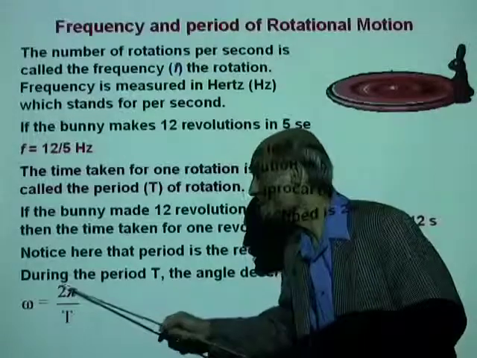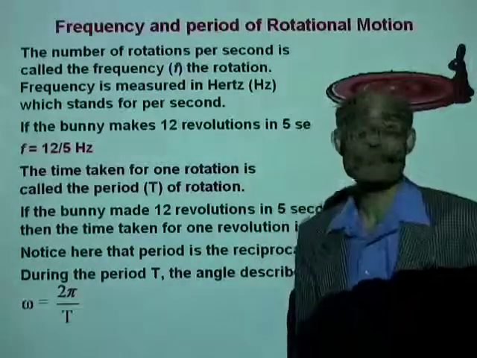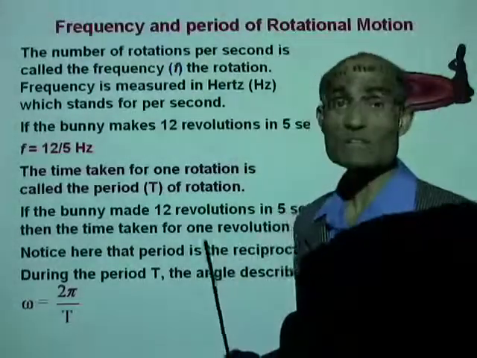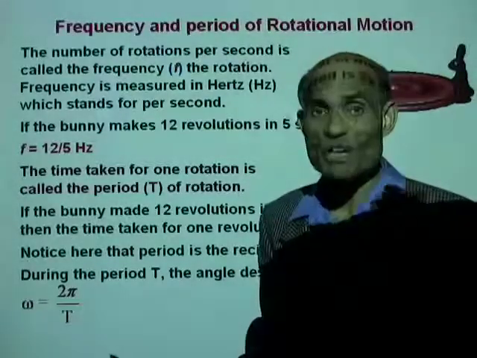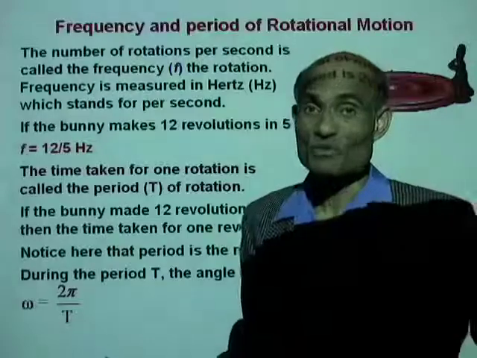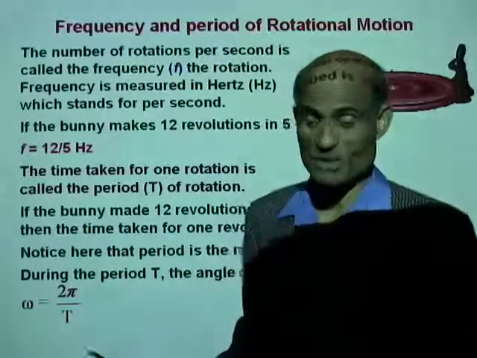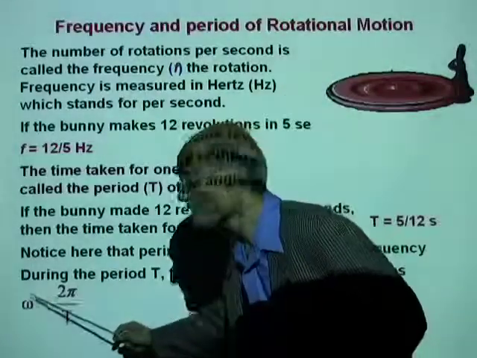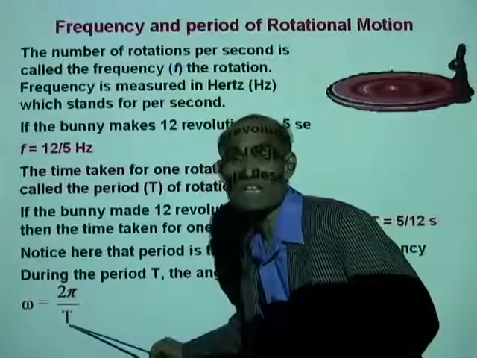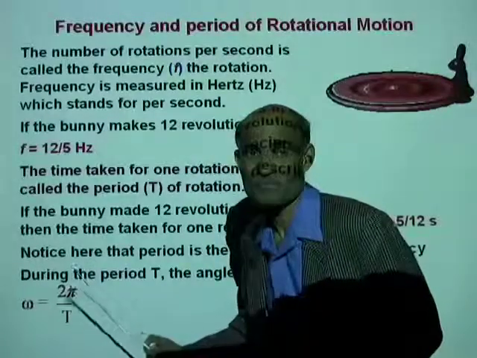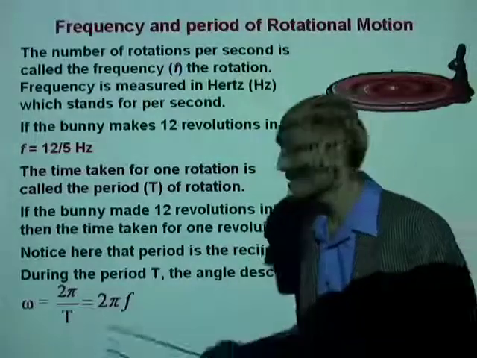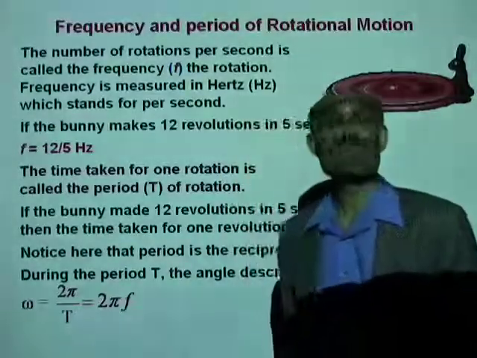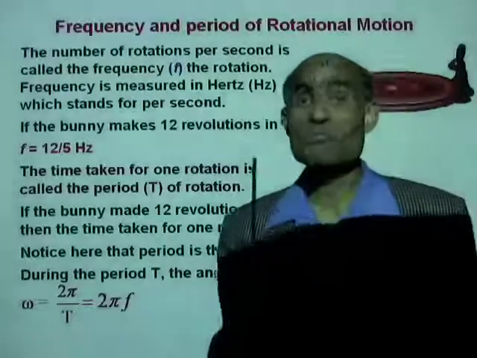So omega equals 2 pi divided by the period. Let me reiterate it. That is a very important relation and you cannot forget it. We talked about it in circular motion. Can you give me the equation in terms of the frequency? Omega equals 2 pi divided by the period, which is the same as 2 pi multiplied by the frequency.